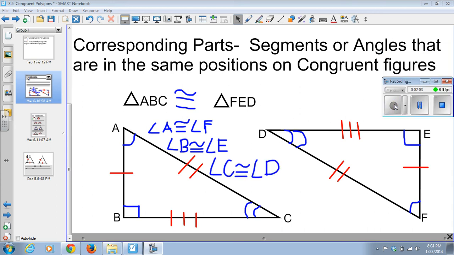We also have segments in these congruent triangles that are congruent, and we tell those by the tick marks. This side right here, segment AB, has that one little tick, just like segment EF or FE has that one little tick. So we say those segments are congruent, and we write it as so.